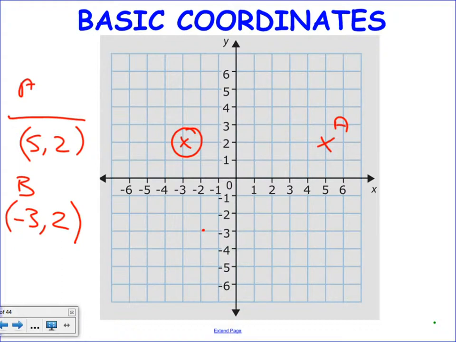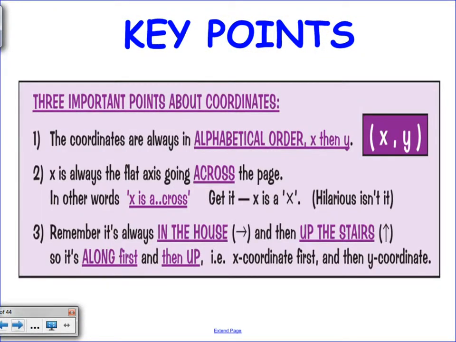X first, and Y second, alphabetically as well. X comes before Y. So some people at school learn alphabetically X and Y, always in brackets, always separated by a comma. Okay, that's your format. So you go across and then up and down.